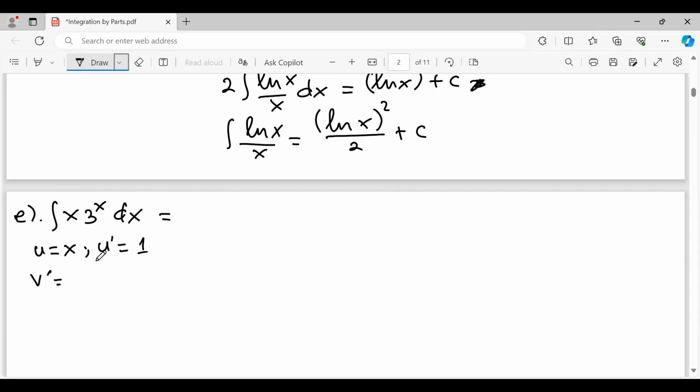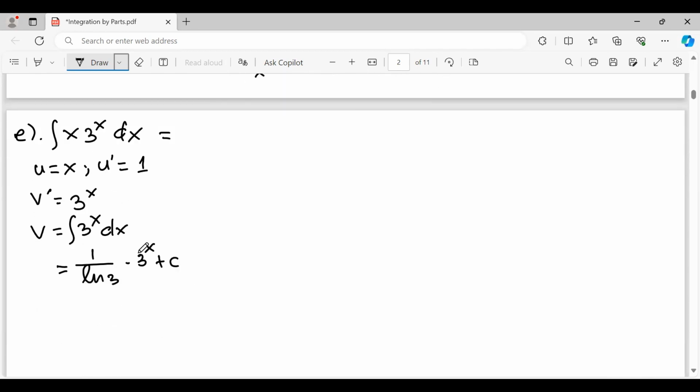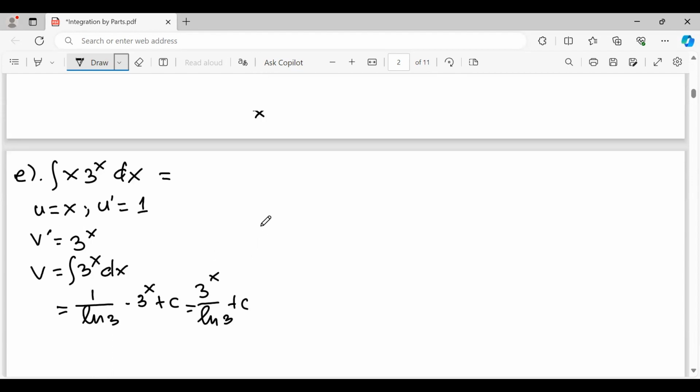Derivative phi is 3 power x, so phi is the integral of 3 power x dx, and the result is 1 over ln 3 times 3 power x plus c. Or we may simplify it as 3 power x over ln 3 plus c, right?